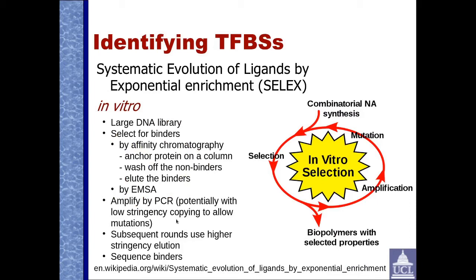So the amplification step then will typically be by PCR, and potentially during the replication we can use low stringency copying to allow these mutations to accumulate. Subsequent rounds then use higher stringency elution, and at the end of this we can sequence the best binders.